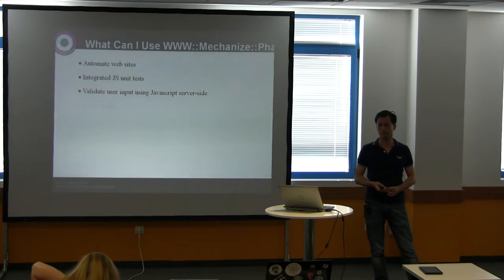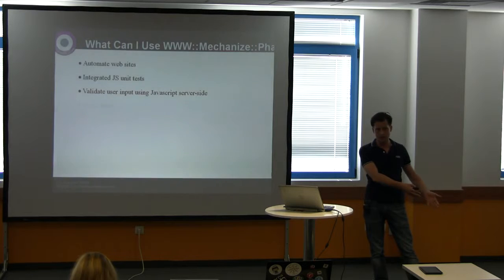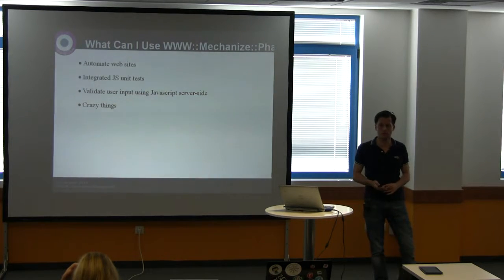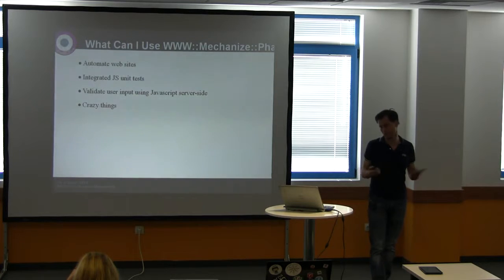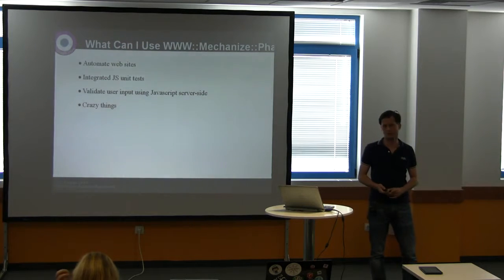You could also do weird stuff like validating user input with JavaScript, not only on the client side, but also using the same JavaScript on the server side by running PhantomJS and putting that data into it. Maybe you can also do really crazy things. There's not really a limit to the crazy things you can do.